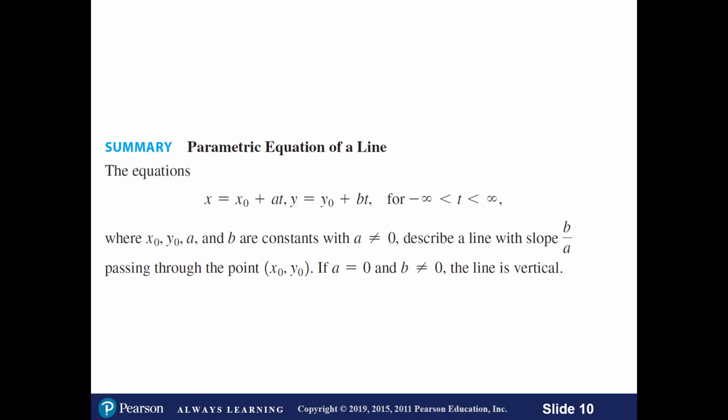That traces out, when a is not equal to 0, a line with the slope b over a passing through the point x naught, y naught. And if a is equal to 0 and b is not equal to 0, then that describes a vertical line.